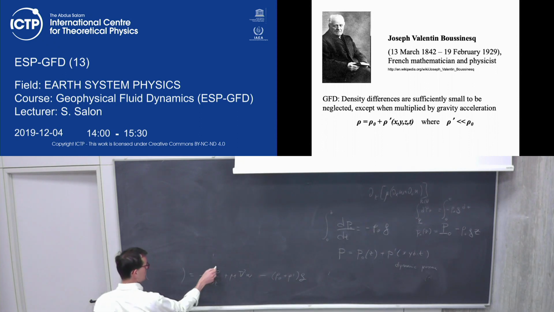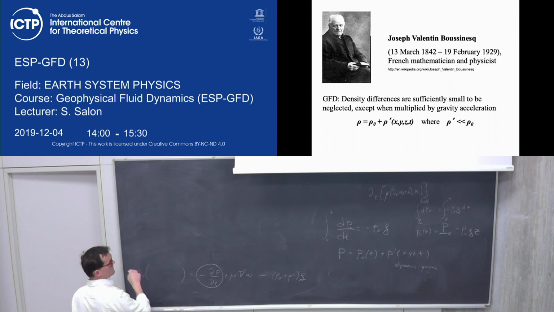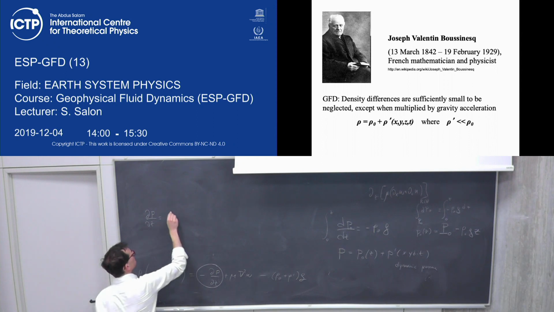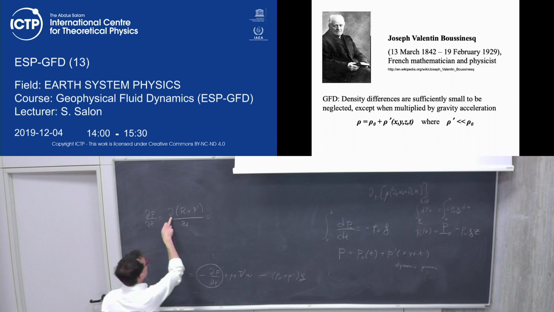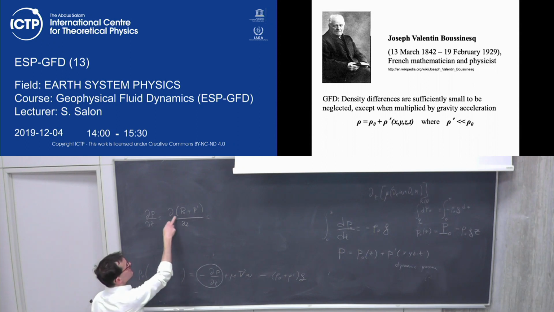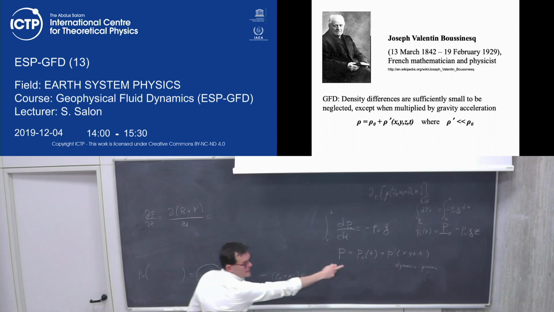So this term here, we will have dp dz, which is equal to d of p0 plus p prime over dz, which is, now this is a partial derivative, but p0 only depends on z.